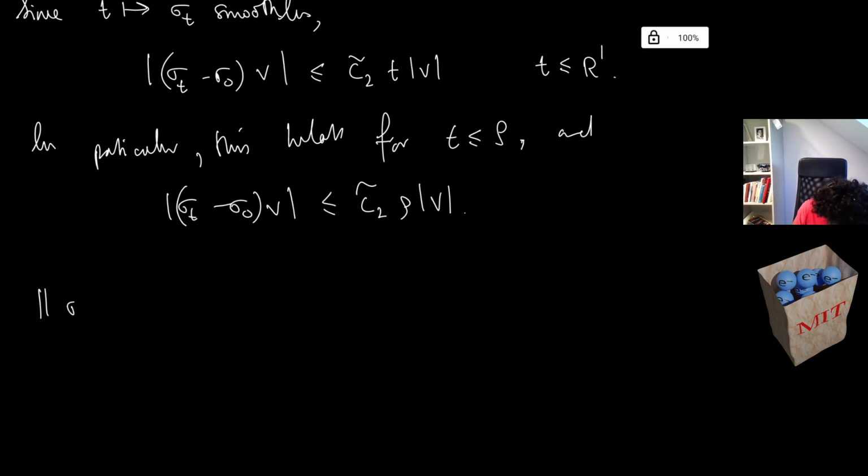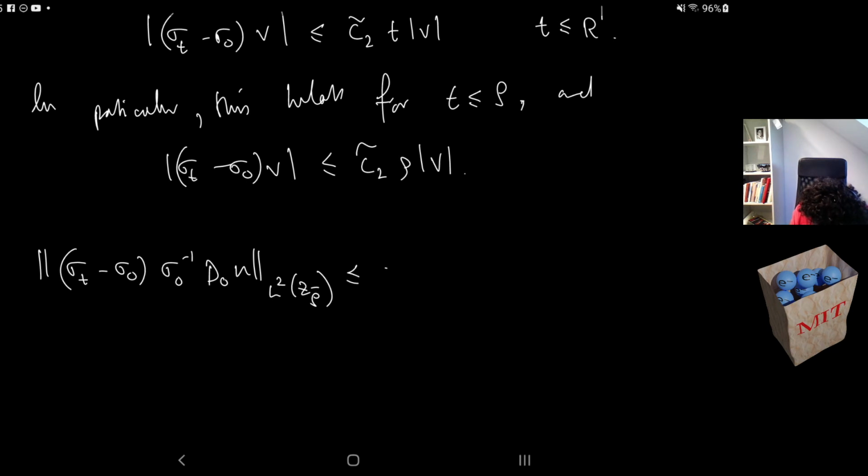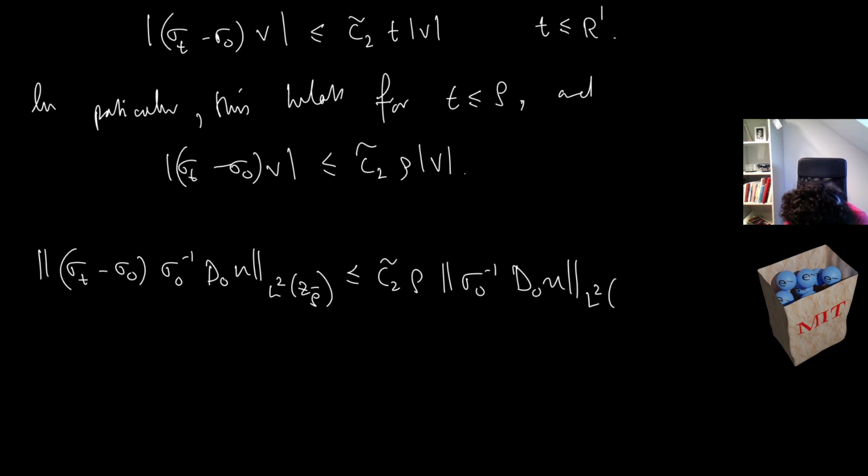So we have T minus naught sigma naught inverse D naught of U. So this in L2 on this cylinder is going to be less than or equal to C2 tilde of rho, and I now have this D naught of U L2 over the cylinder closure.